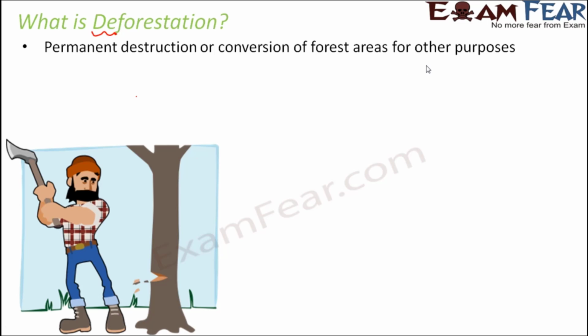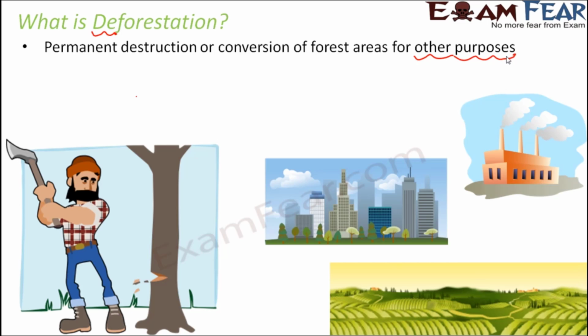Now what would be these other purposes? So these other purposes could be establishment of industries and factories for various purposes. It could also be for utilizing the land for agriculture, so that more and more crops can be grown to feed the growing population. It could also be for development of residential apartments, because when the population is increasing, the demands of people are also increasing.